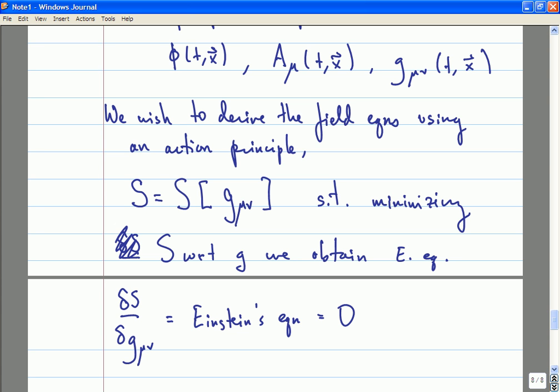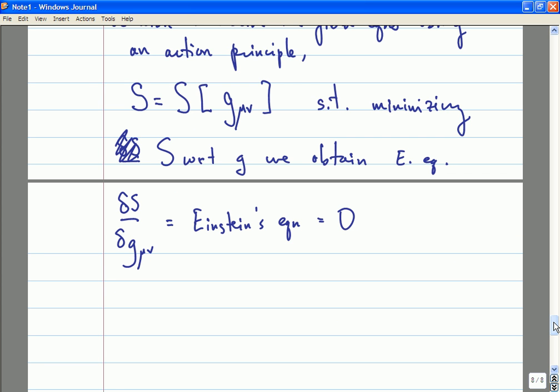Now, in mechanical systems with a finite number of degrees of freedom as a function of time, the action will take the form of the time integral of the Lagrangian. And so you might then ask how we're supposed to generalize this to theories whose variables are functions of space and time.